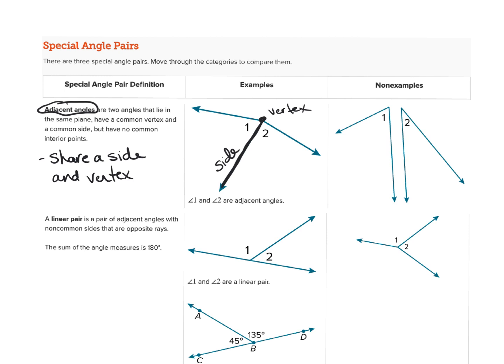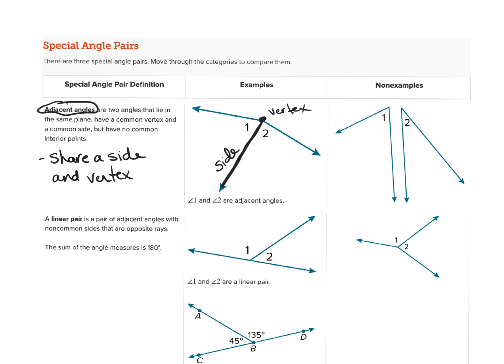Okay. Because they share a side and a vertex, you'll notice that the angles are right next to each other. Very commonly in schools, classrooms are adjacent to one another. They share a wall. Okay, so it's the same idea.